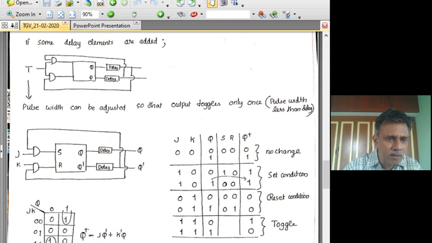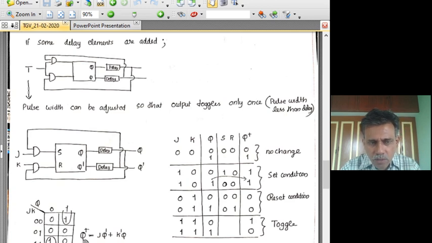J equal to 1 and Q equal to 0, so it is J Q bar. So J Q bar is one term. Look at this group. This is where Q is 1, and K is 0 for both the top and bottom row. So it is K bar Q.